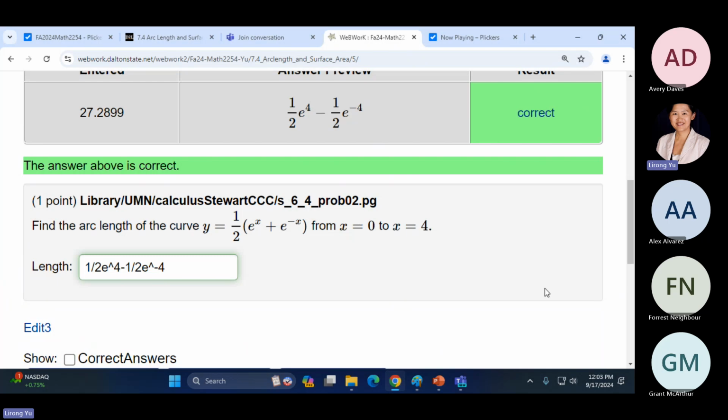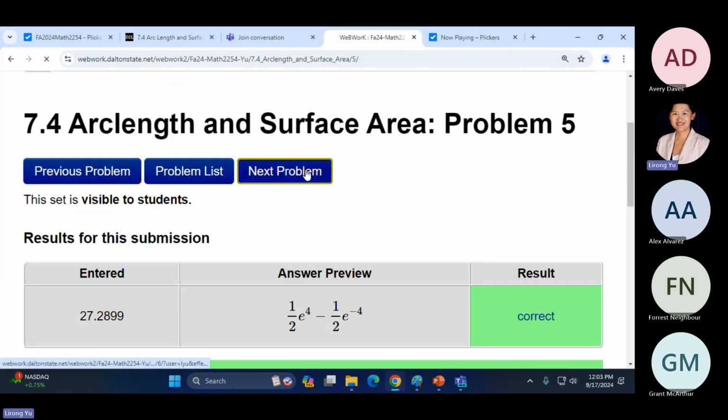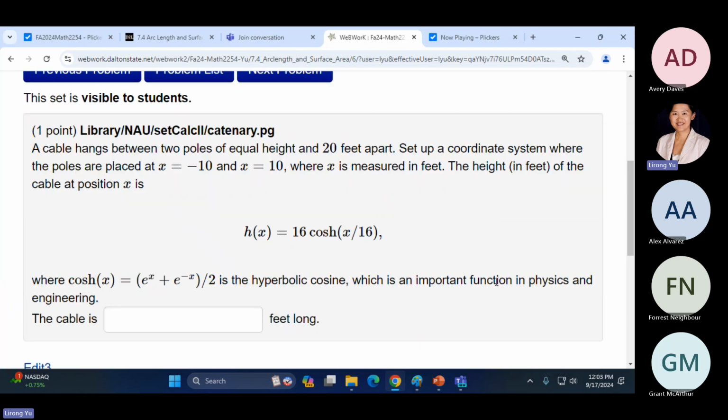It's kind of interesting to see that the length of the arc can be calculated by something very similar to the function. So look back and see the interesting facts. Any question? That's number 5. Hopefully you can see some more questions in your presentation.